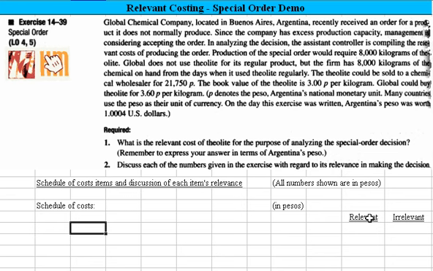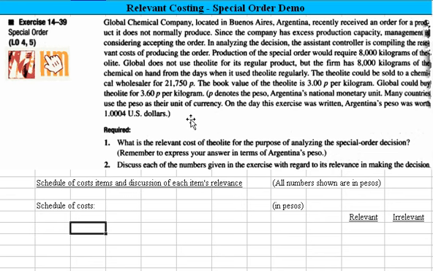Now, here are some of the relevant costs and some of the irrelevant costs, and our job is to figure out which ones are relevant and which ones are not. The theolite could be sold to a chemical wholesaler for 21,750 pesos. The book value of what they have on hand is 3 pesos per kilogram.